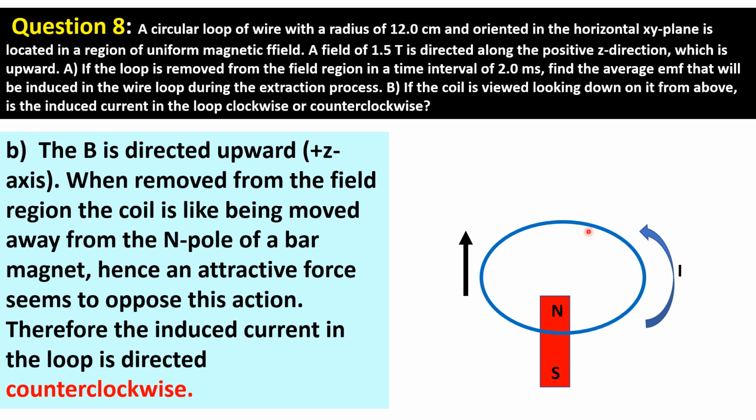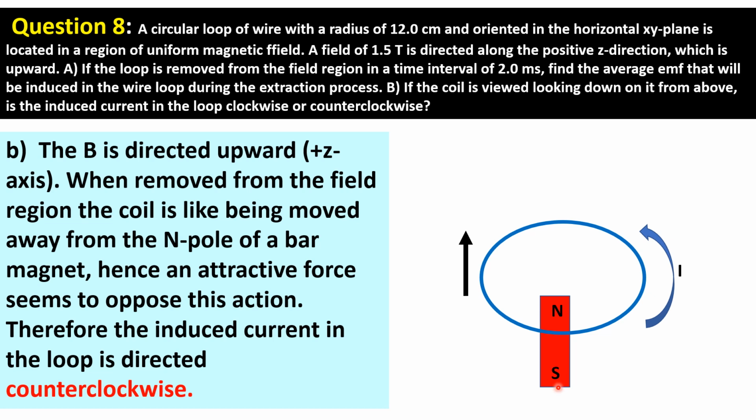Remember, there is no source of power. You don't see any battery here whatsoever. But by moving either the coil or the magnet, we can come up with an electromagnetic induction in the coil. But it is the coil that will be moved. How? We are going to move the coil away from the magnet.